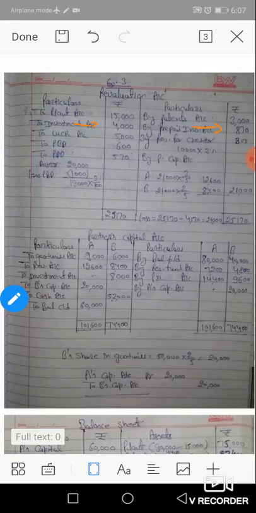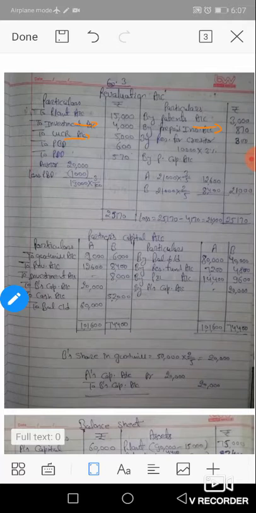Okay, next, last point: there is a claim of WCR to the extent of rupees 5,000. WCR is a liability, workmen compensation reserve. Liability increases, so it's a loss, and the loss is transferred to the debit side with rupees 5,000. Okay, one more: the provision for discount on creditors also at 3%.